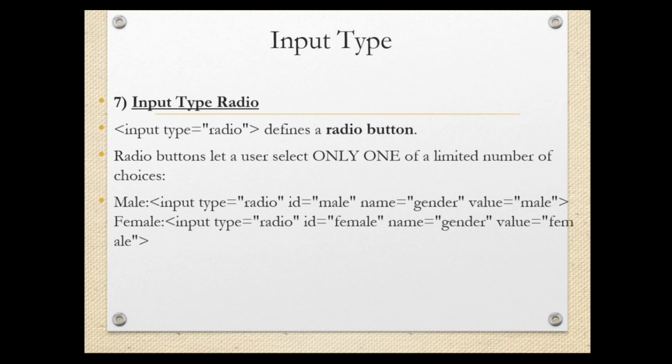So basically after taking radio button, it will show me radio buttons where we can select only one value at a time. The user can select only one value at a time, that is, either male or female. You can take multiple values also in this, but again it will select only one value at a time.